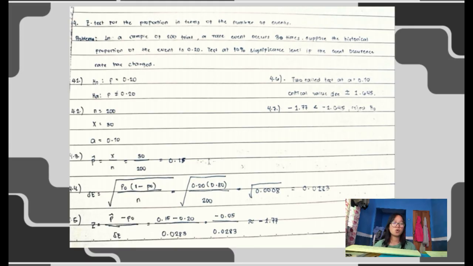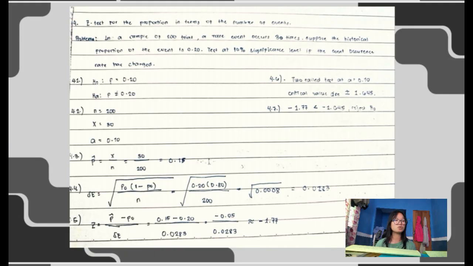So how do we calculate this one? In the slide, there are steps. The first step is the same as in the previous problem solving: you have to define the hypothesis. As you can see, our null hypothesis is equal to 0.20 and the alternative is not equal to 0.20. Same process as in the previous problem.